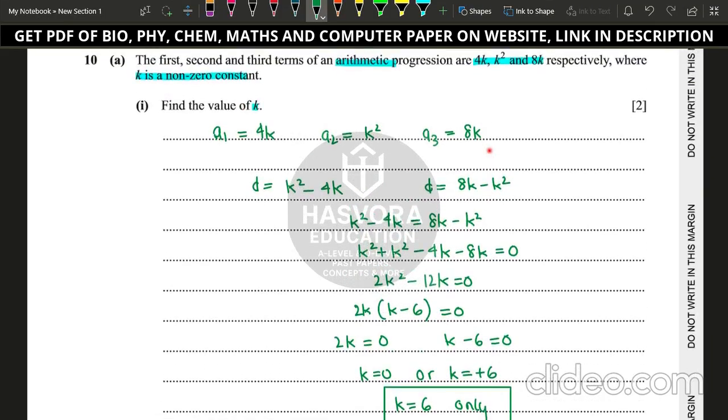So now we know what the k is. So your first term will be 4 into 6, which is 24. And now what is the difference? It is k square minus 4k. So 6 square, which is 36, minus 4 into 6 is 24. So let's see, 36 minus 24, which is going to give you 12. So now we know it.